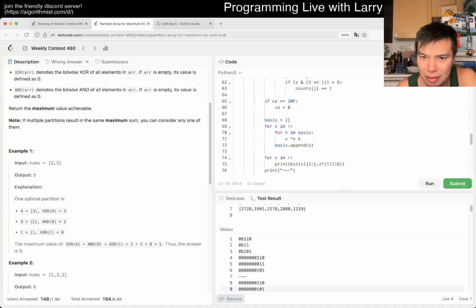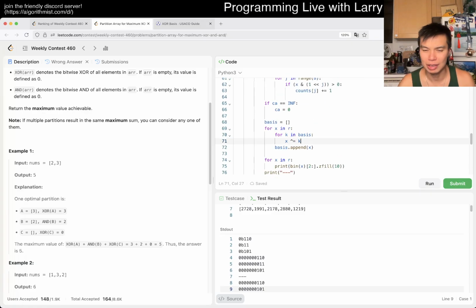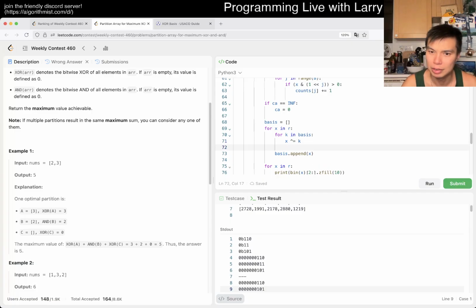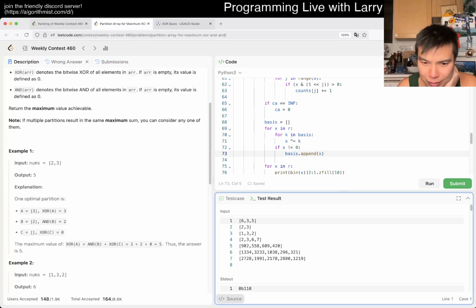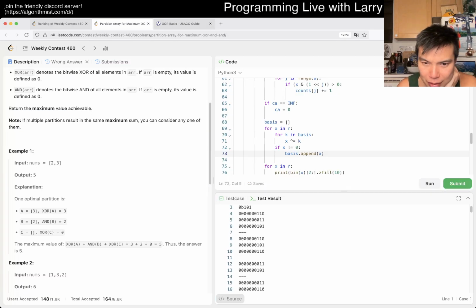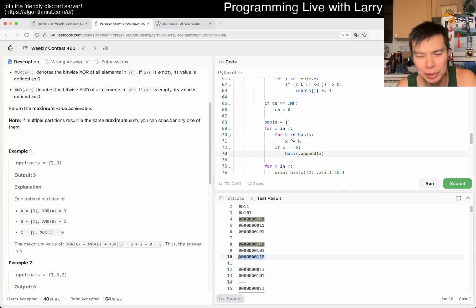Well, I forgot the if statement anyway, but it should be if x is not equal to 0. Right? That's what they said? Yeah. Okay. But my question is, why does this add this?